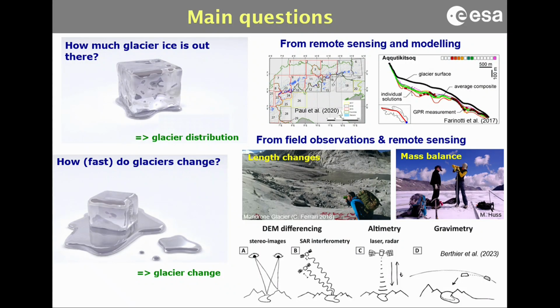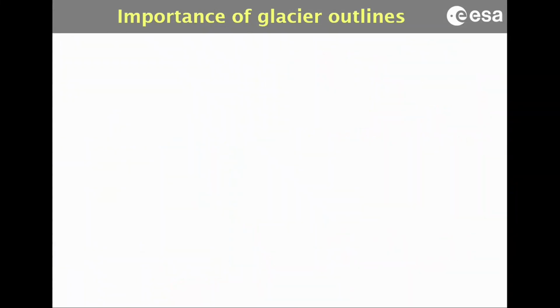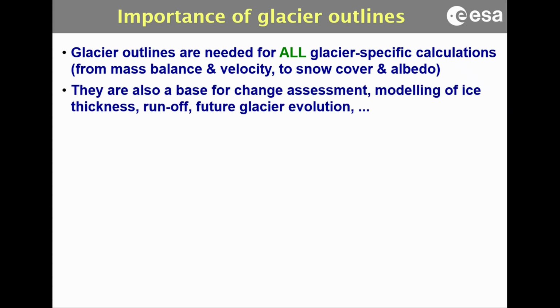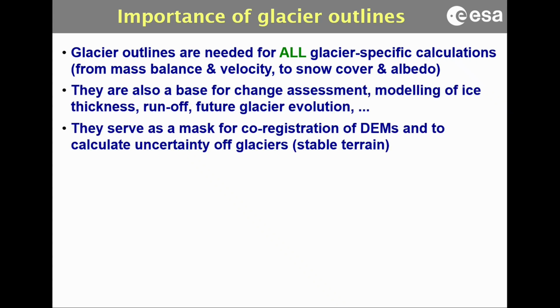If you want to know more about these techniques, please have a look at this publication from Etienne Berthier, published in 2023. You will find a link on his homepage. There is a review of all these methods and what they show and how they work. So here just a few points of why glacier outlines are important. I've already mentioned it.